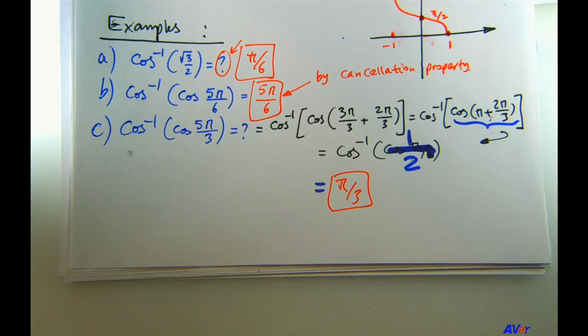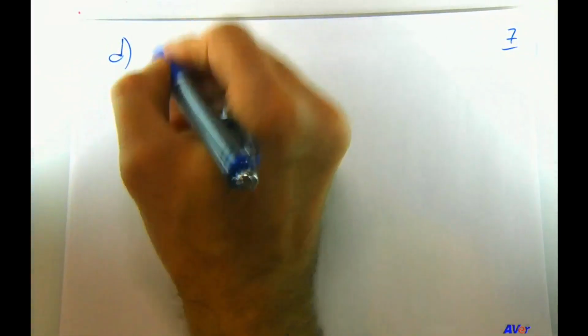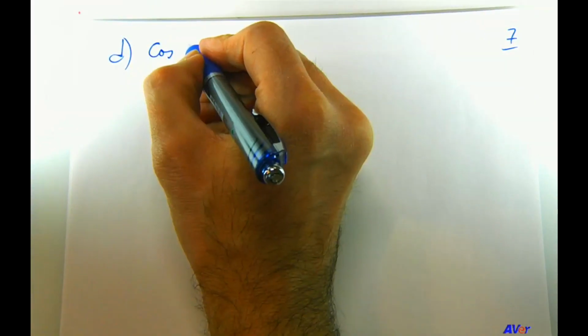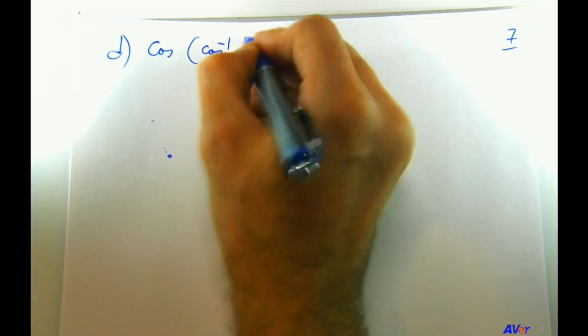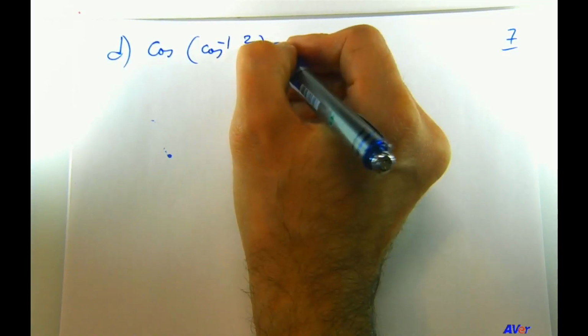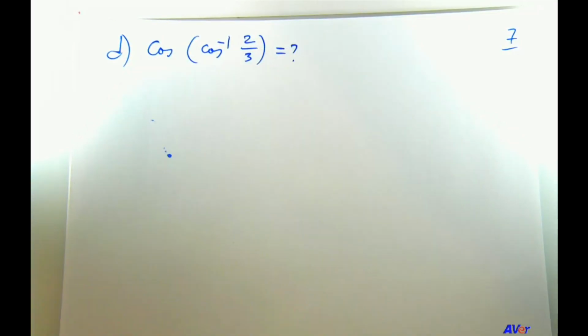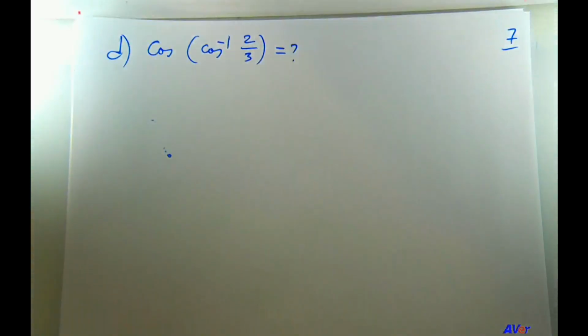All right, so let's do more examples. Suppose that was C. Let's do D. We want to find inverse cosine of 2/3.